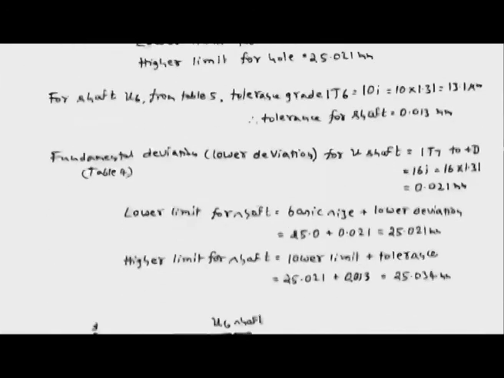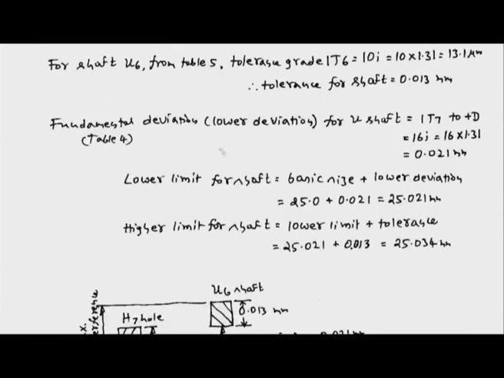Now the fundamental deviation for the U shaft can be calculated by using this relationship, which is available in table number 4. So the fundamental deviation varies from IT7 to plus D. So here I am taking only IT7. So this is nothing but 16 times I, this is equal to 0.021 millimeter.